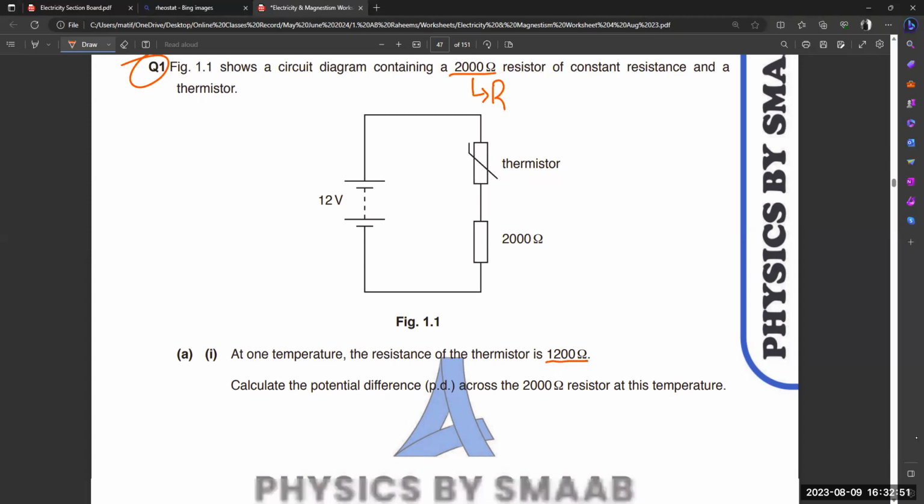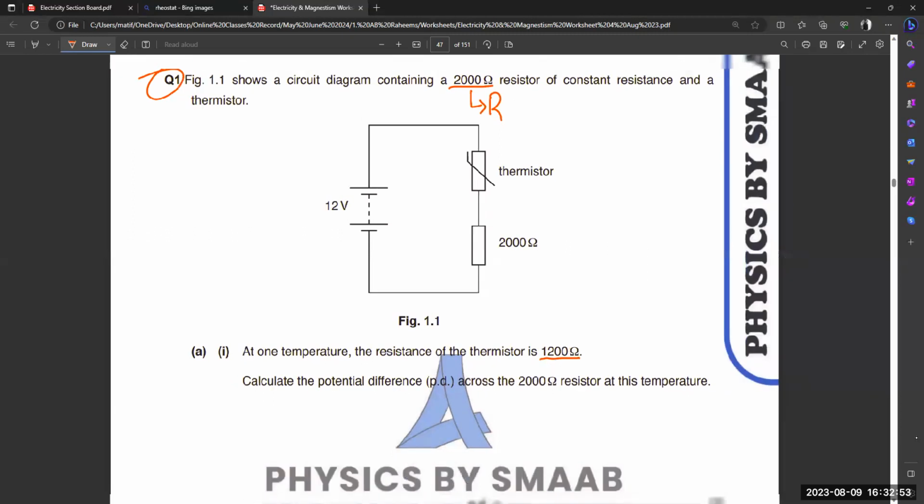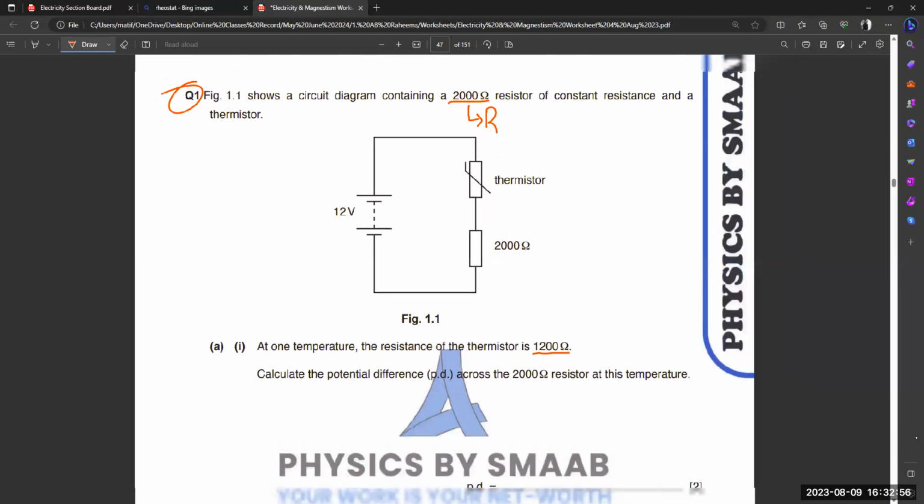Okay, now the main question is: calculate the potential difference across the 2000 ohm resistor at this temperature.